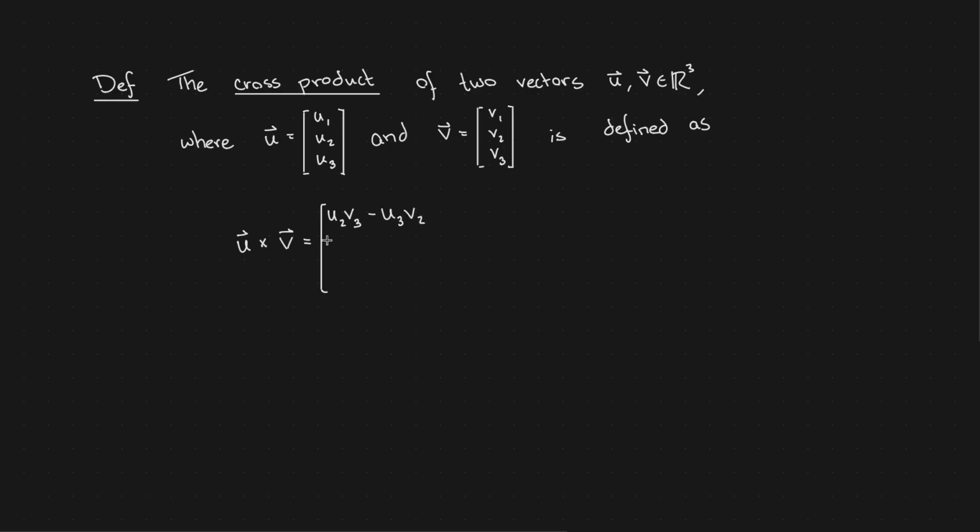The second component is negative, I'll write it this way, negative u1v3 minus u3v1. And the final component of our cross product is u1v2 minus u2v1. Okay?